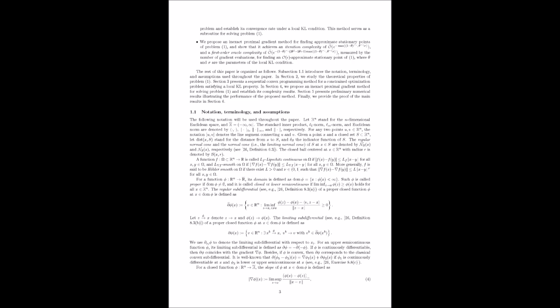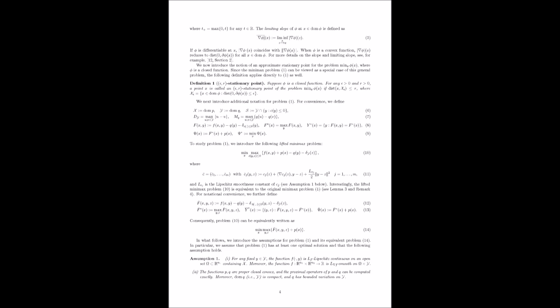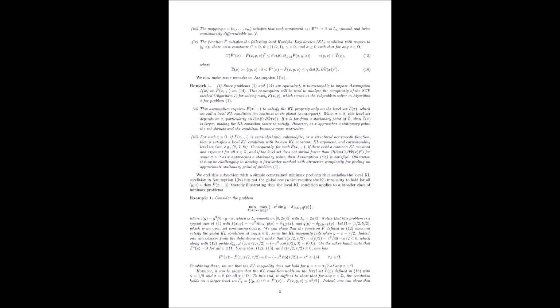The KL condition on the inner problem is only required to hold in a progressively smaller and smaller neighborhood as the outer variable y approaches stationarity. Wow, okay, that's subtle. It's a local KL condition on the inner problem, but the locality itself, defined by the level set, is dynamically adjusted based on the progress of the outer problem, controlled by sigma.